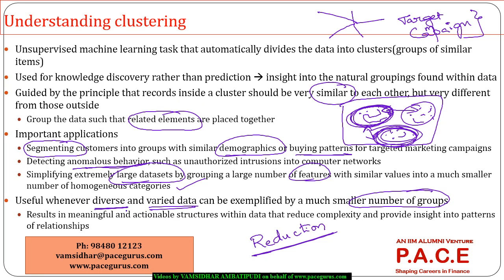But once the clusters are formed, I have to create a meaning. A cluster in itself does not have any kind of meaning. So I have to really see what meaning I can give to this cluster. How do I give a name to this particular cluster? What is the major differentiator of cluster 1 and cluster 2?